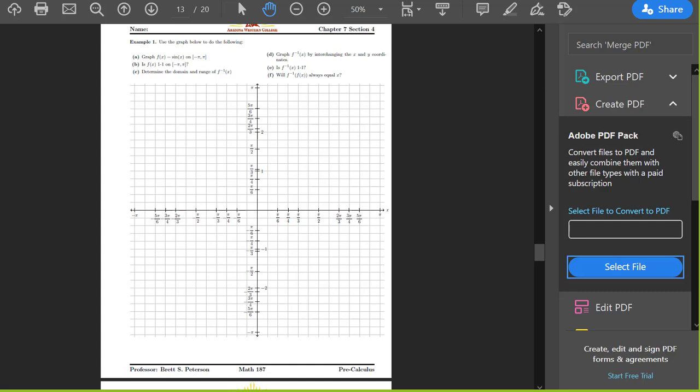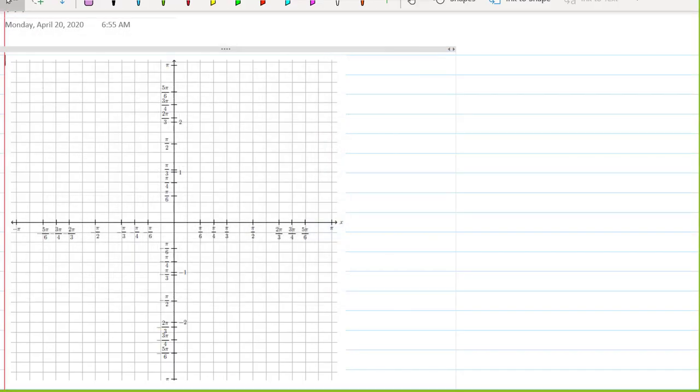So let's start with graphing sine x on negative pi to pi. If we were to graph our sine function, we know that sine of 0 was 0, and sine of pi over 2 was 1, and sine of pi comes back to 0. Sine of negative pi over 2 was negative 1 back here.